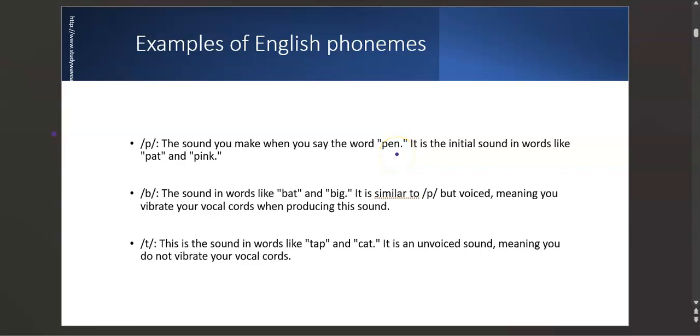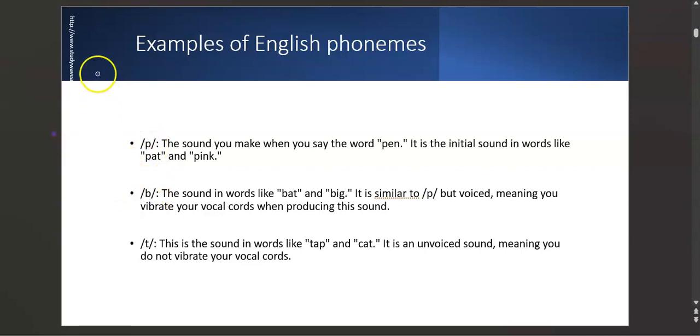It is the initial sound in words like part and pink. So the initial sound in such words, we have like part, pink, paper, pen. You see, such words are formed by this letter here, or this sound here. So this is the first example of a phoneme.